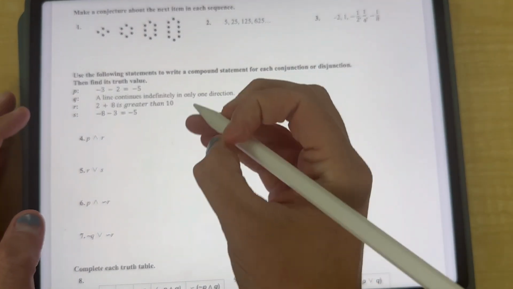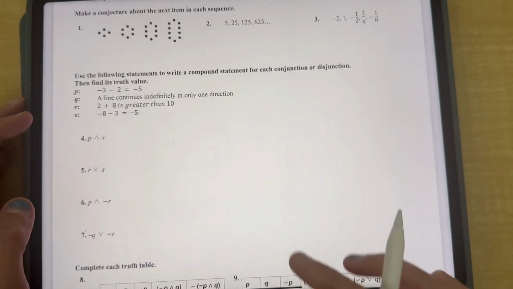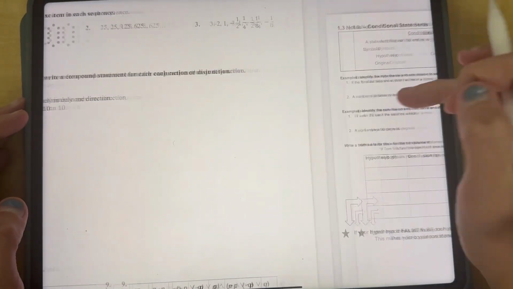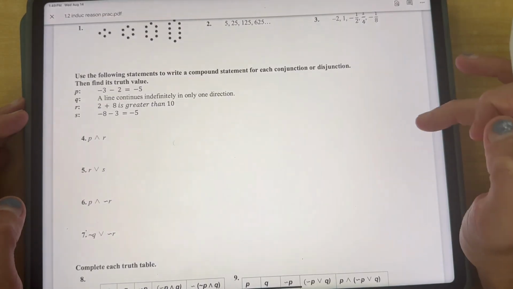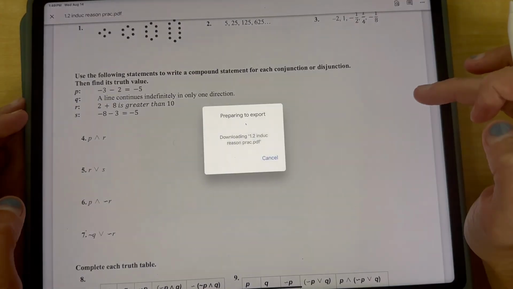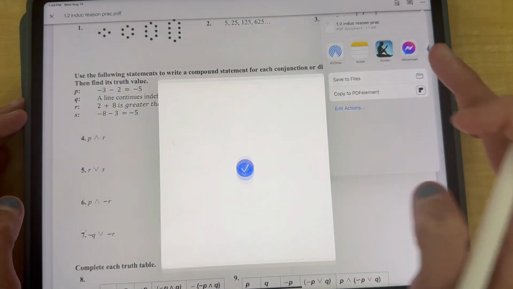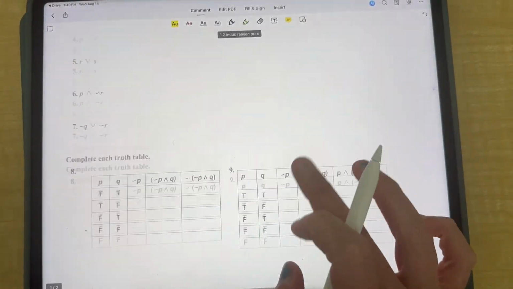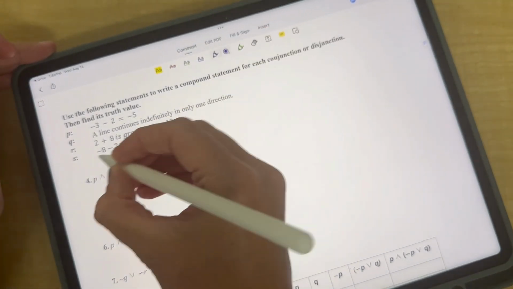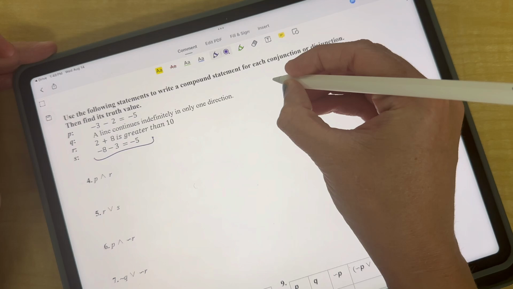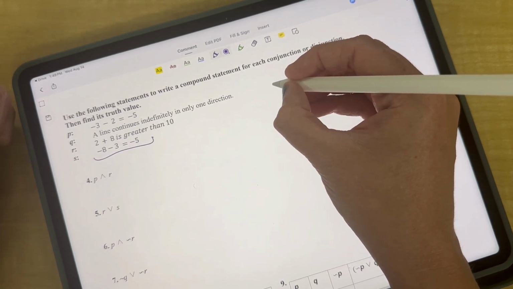If you need to write the opposite of this one, let me see how I can. Oh, I can't draw it. Okay, let's see if it goes there. If you need to write not S, how do you make this a not statement? This says -8 minus 3 equals -5.